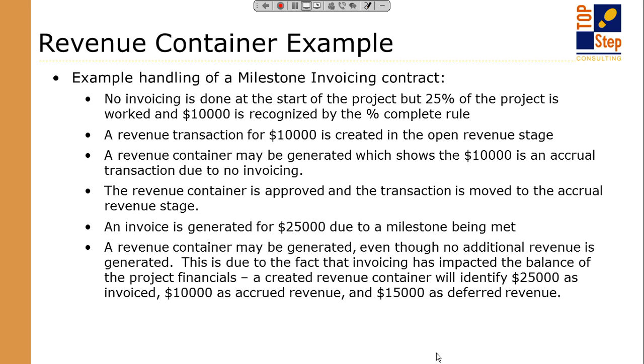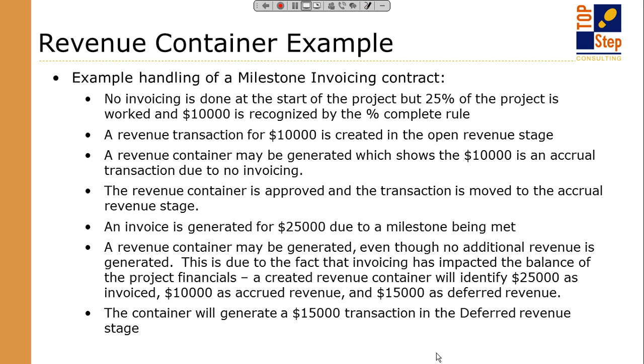It already knows about the $10,000 accrual from the previous container, and it'll book another $15,000 as a deferred revenue transaction inside the container. So the container is grouping together balance sheet actions along the way, with a review and approval process that is part of the revenue container situation.